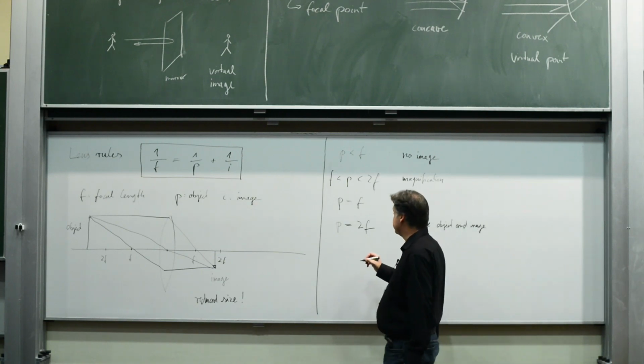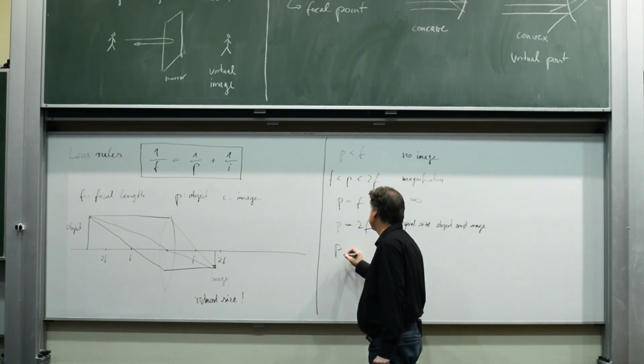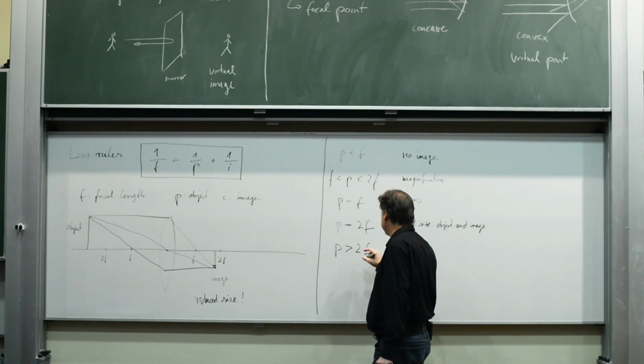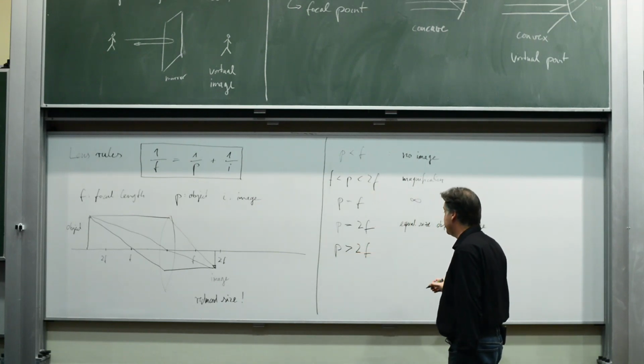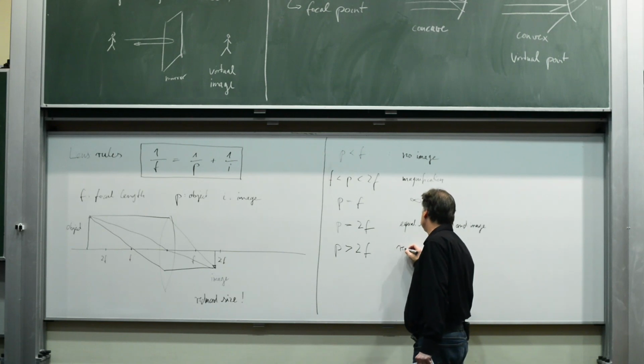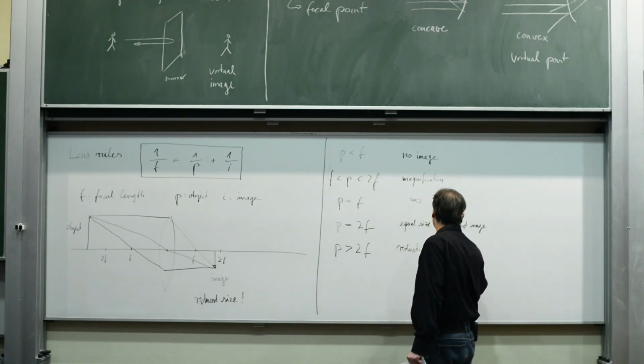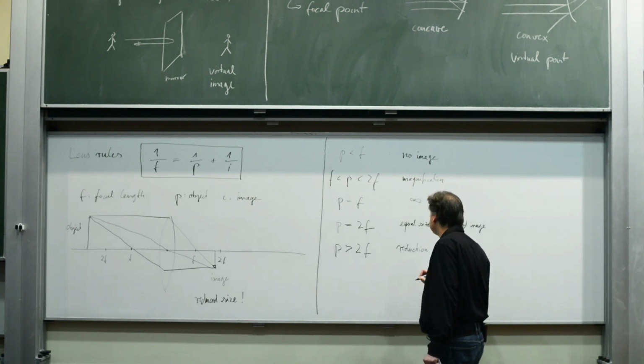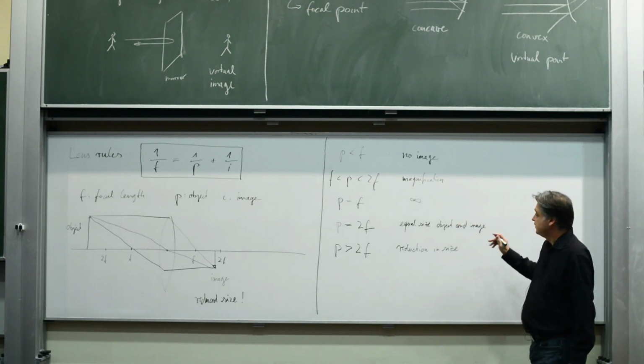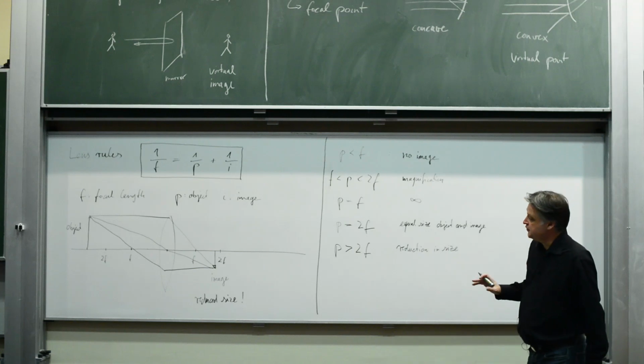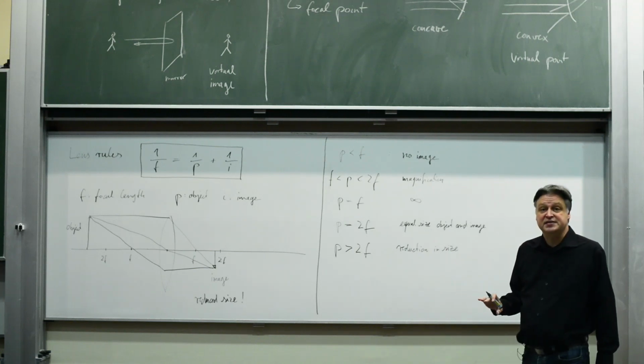Last but not least, if you place your object at a distance further away, larger than 2f, then you get a reduction in size. So this is the summary of the effects of a lens.